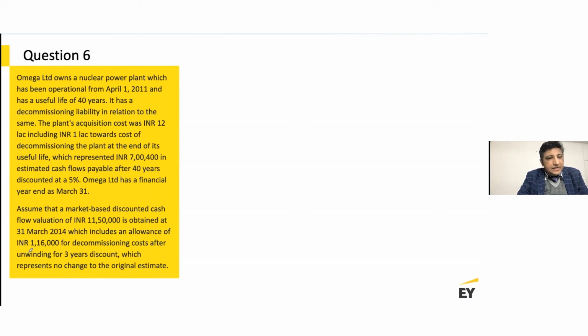Omega Limited has a financial year end at 31st of March. Assume that the market-based discounted cash flow valuation of 11,50,000 rupees is obtained at 31st of March 14, which includes an allowance of 1,16,000 for decommissioning costs after unwinding for 3-year discount, which represents no change to the original estimate.